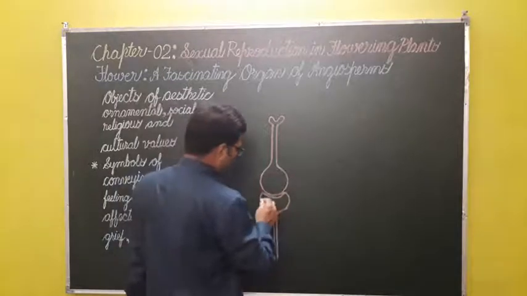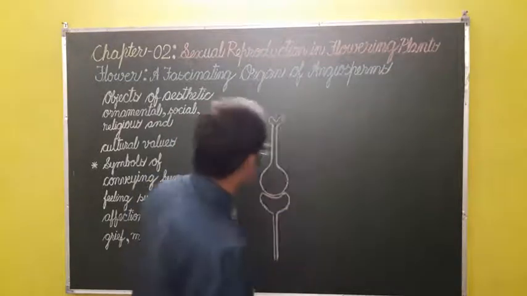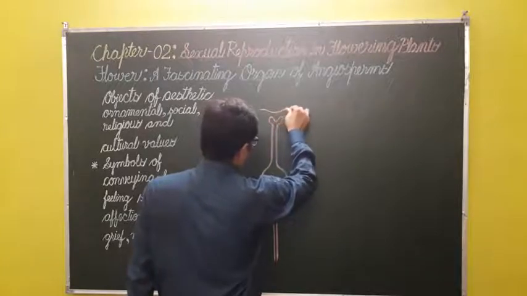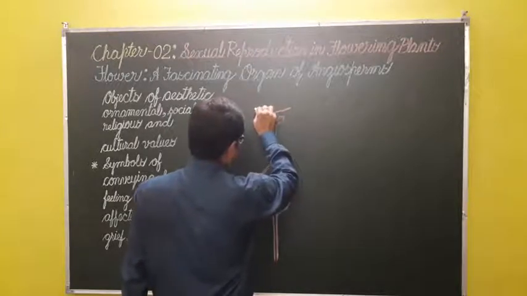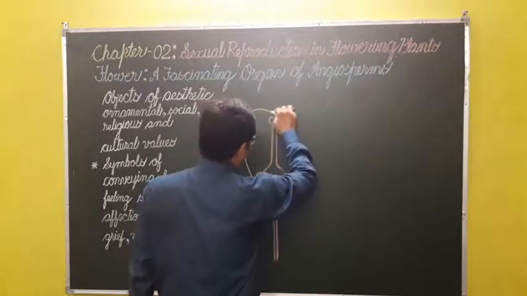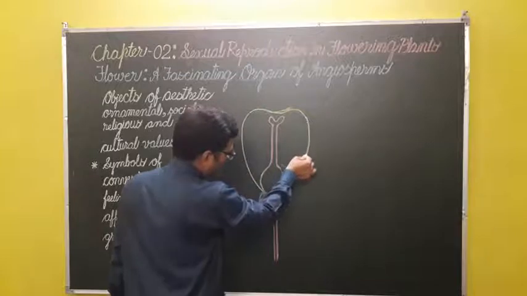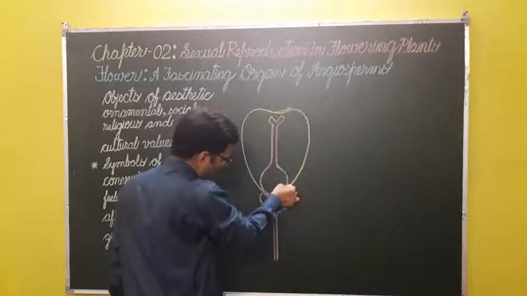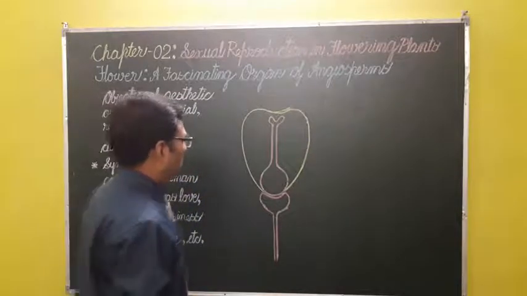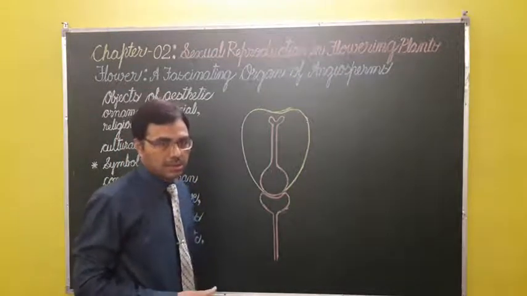Now I'm drawing the second whorl from the outside, that is the corolla.